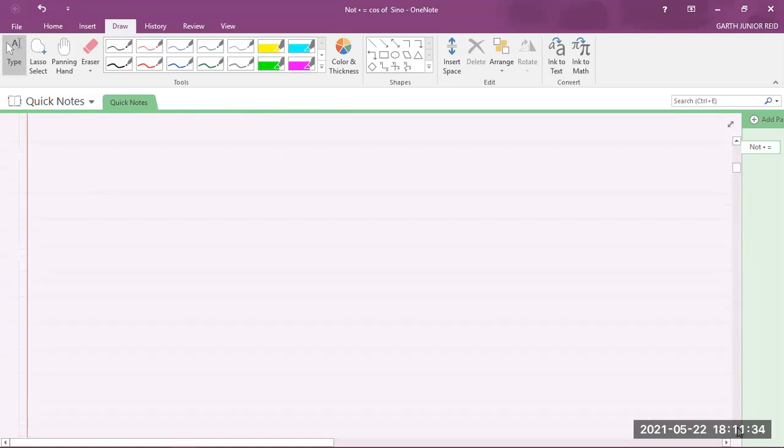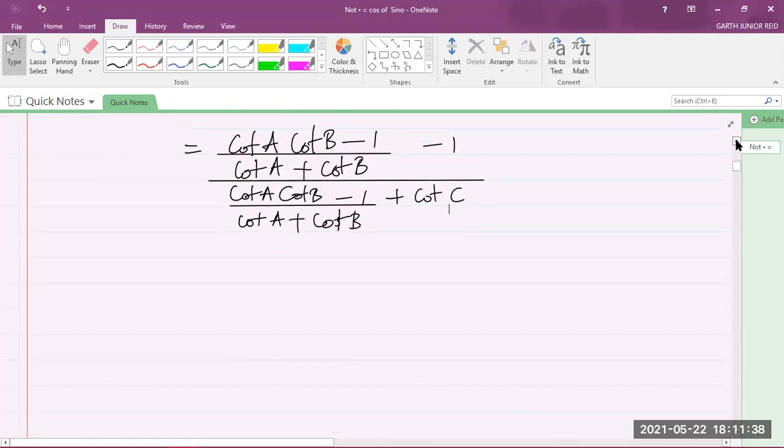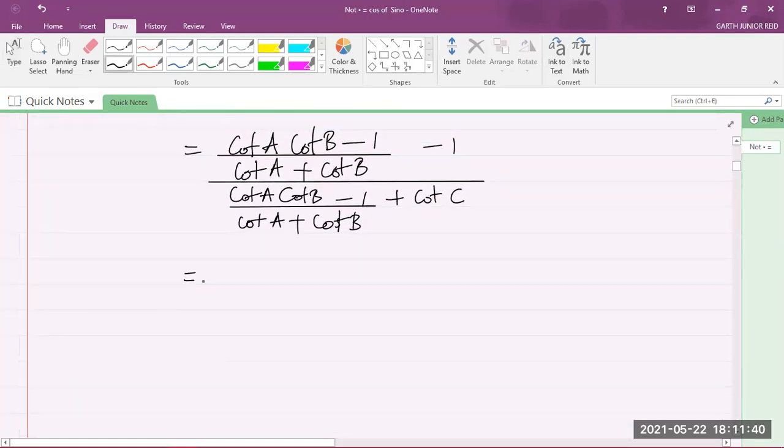Let me scroll down a bit here. What we're going to have now is I'm going to replace the 1 in terms of the denominator.